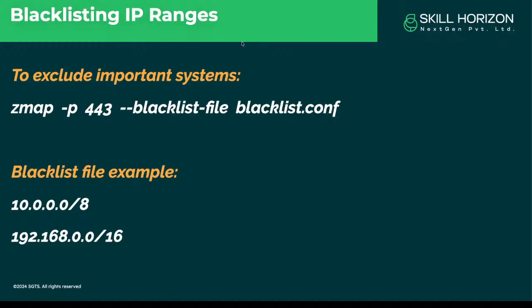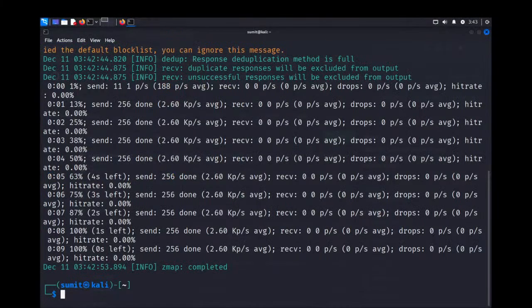Okay, so let me show you how this can be used. See, here suppose you want to exclude something, so first you need to create a file. So I'm first creating a file, blacklist.conf. Now you can provide the IP ranges, whatever range you do not want to include in your scan.